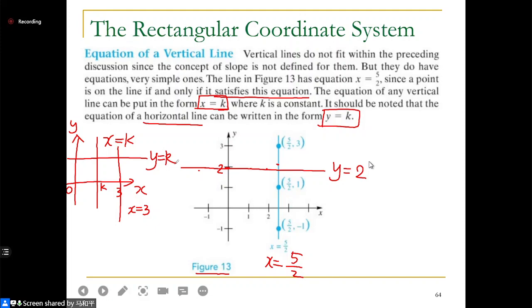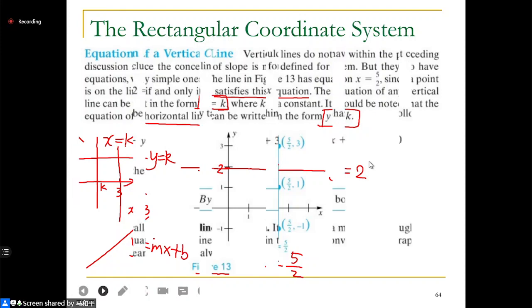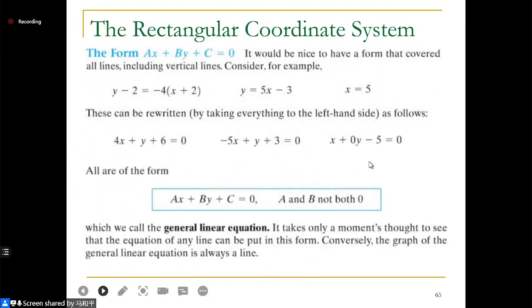This means we have the equation of the vertical line and the horizontal line, and also any line that is neither vertical nor horizontal can be written as mx plus b. And then we learn the form ax plus by plus c is 0. It would be nice to have a form that covered all lines.